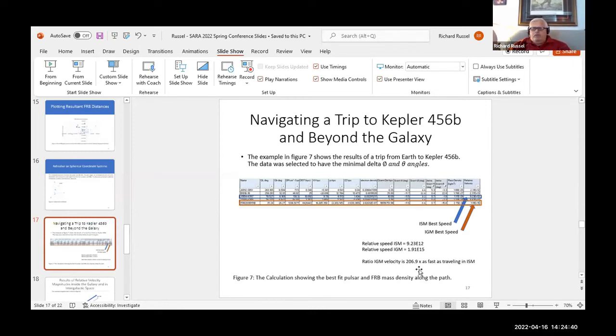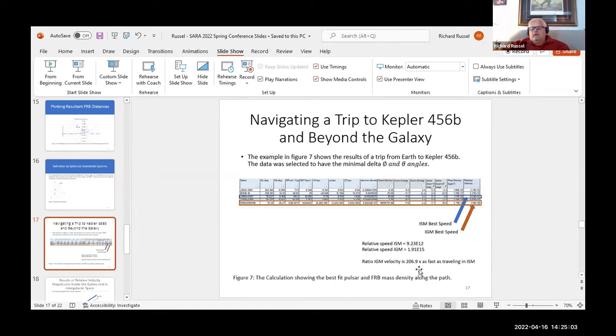So that's really what I was after: can I come up with a way, if I'm going to go to 456b, which is in the galaxy, but I want to go past that in intergalactic space, can I use that to navigate? And the answer is yes, I can. The pulsars are easy. I already know the densities there.